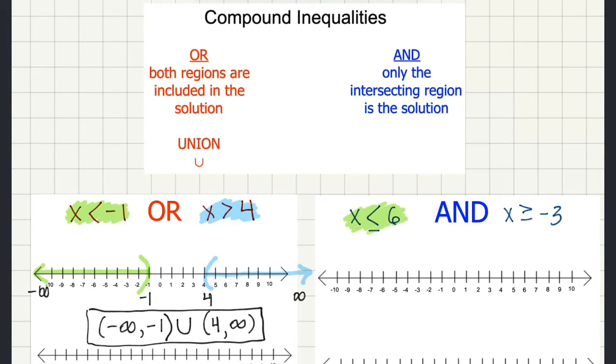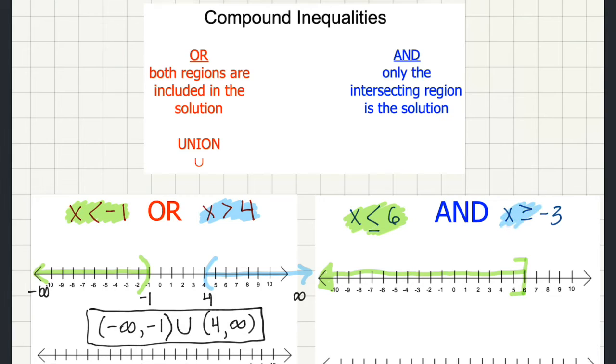So here we've got x is less than or equal to 6. Notice how I'm making a bracket, not a parenthesis. The less than shades to the left. The equal to part gives us the bracket.